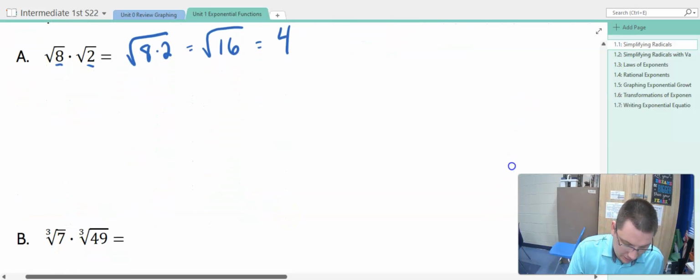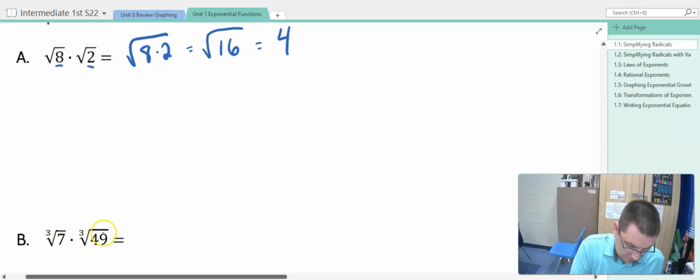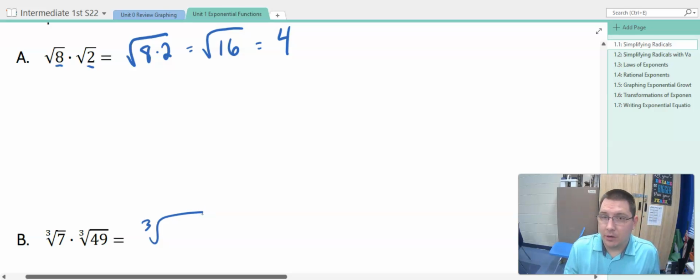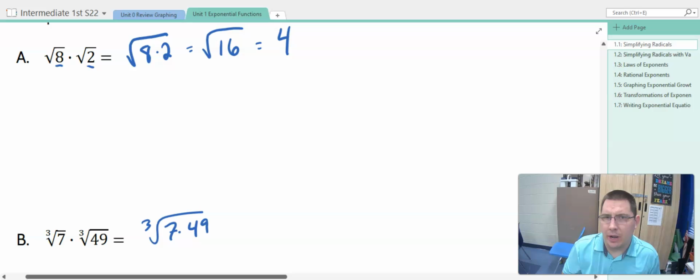Let's look at example B. We've got the cube root of 7 times the cube root of 49. Well, they're both cube roots, so I'm going to get the cube root of something, right? And product rule says just multiply those two numbers together. So I'm going to get 7 times 49. Well, what's 7 times 49? Well, go to your calculator if you need to.